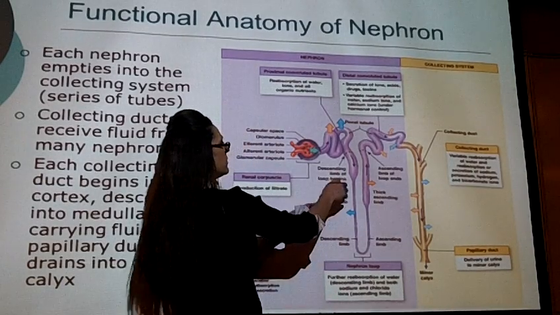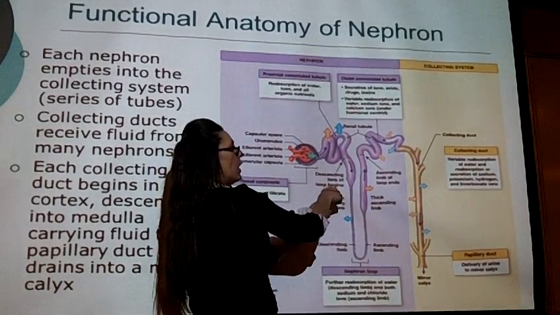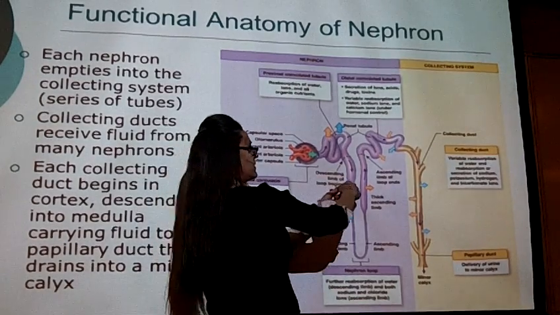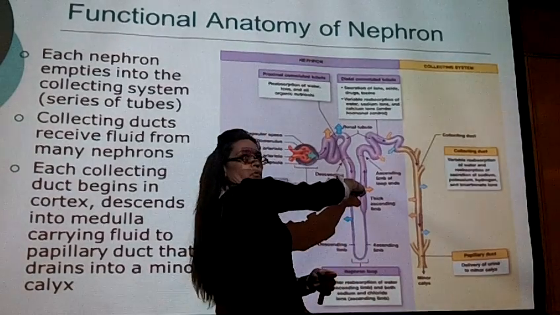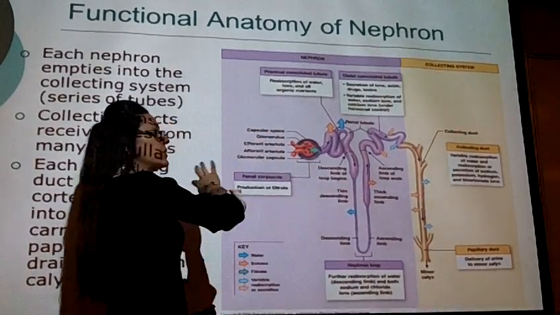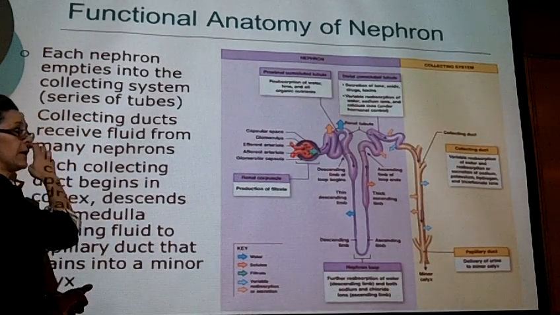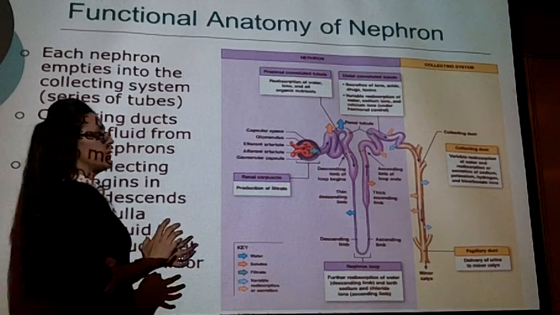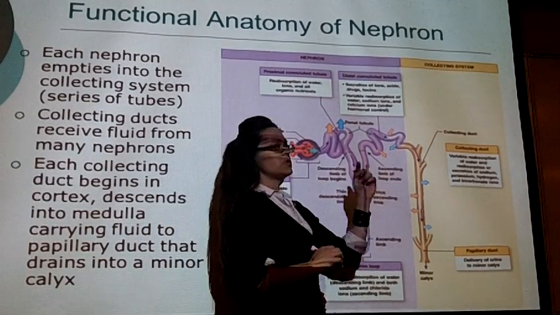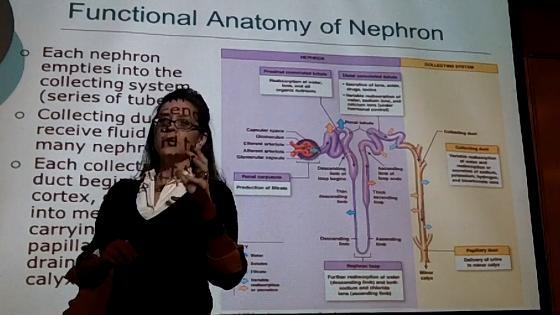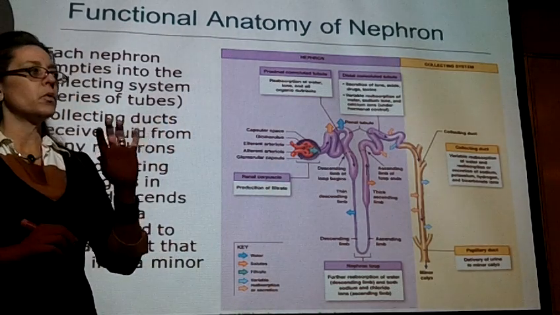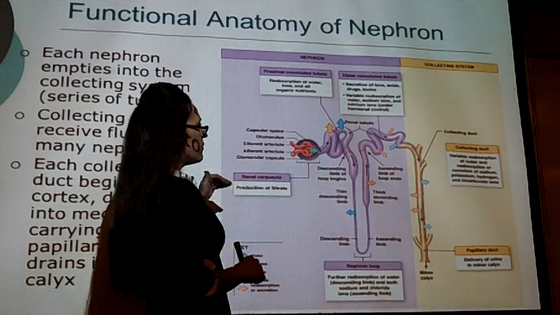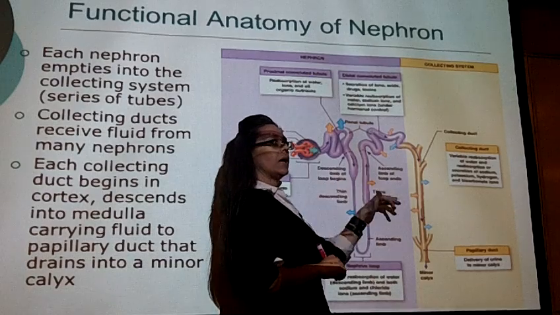Or material is going to be diffusing across the wall of the peritubular capillaries, into the extracellular space, and then diffusing into the tubule. Diffusion can happen pretty easily because the capillaries are a single layer of simple squamous epithelia, and the tubule is just a single layer of simple cuboidal, simple columnar-ish epithelia. So things are going to diffuse pretty easily in and out.